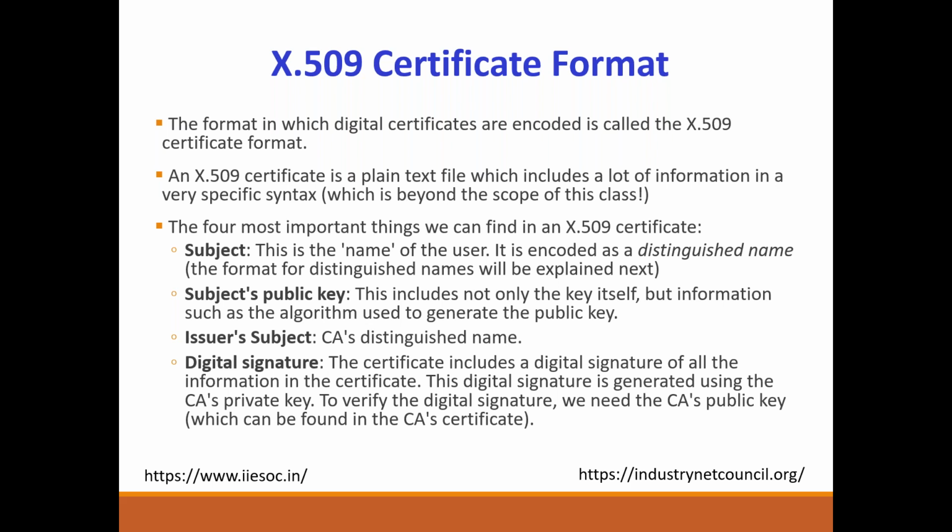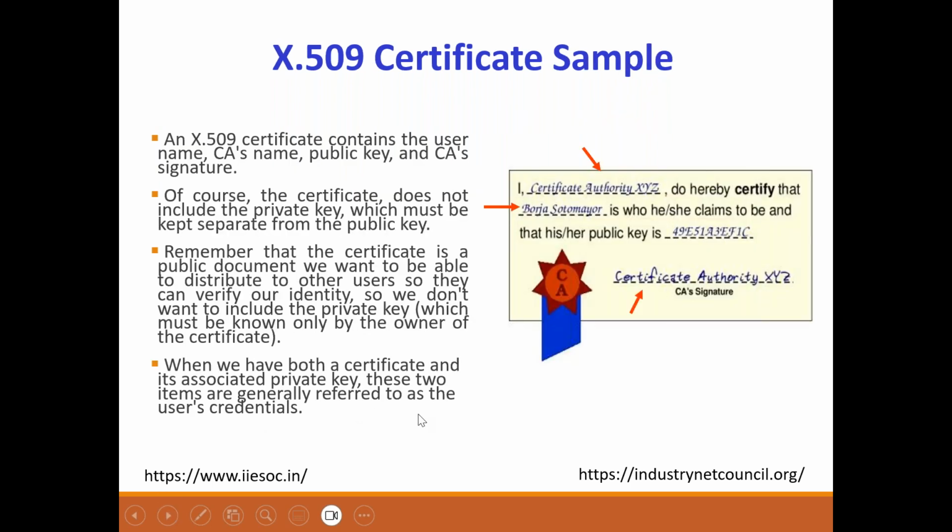Some of the key things we'll see in there are the name of the user, the public key and what algorithm was used, the distinguished name, and the digital signature for the certificate. And of course, it doesn't include the private key, which is kept separate. When you have both the certificate and the private key, these are called the user's credentials.